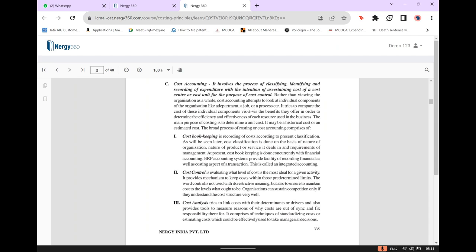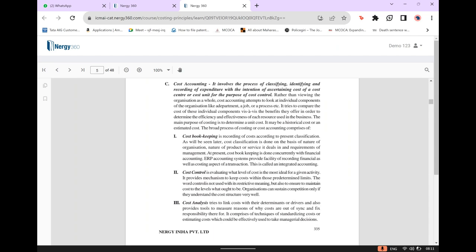So I repeat, these concepts they can ask you as a multiple choice question. If the budgeted cost is more than the actual cost, that means I have achieved the budget. So in actual I have spent less and in budget it is more. In that case, it is a favorable variance because I could save cost.